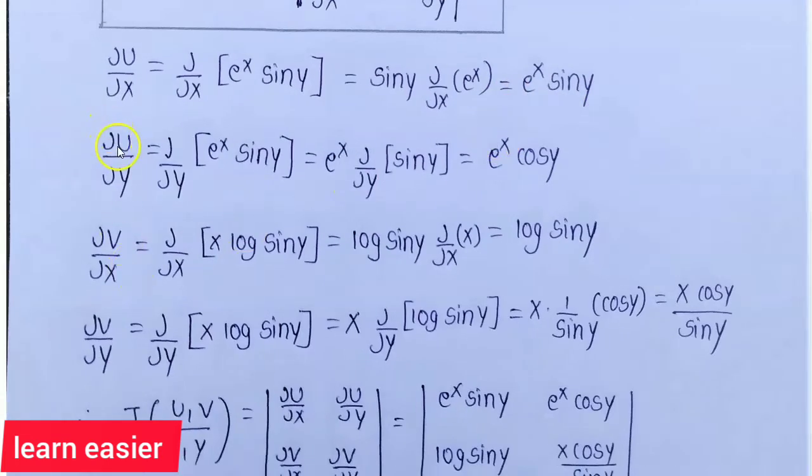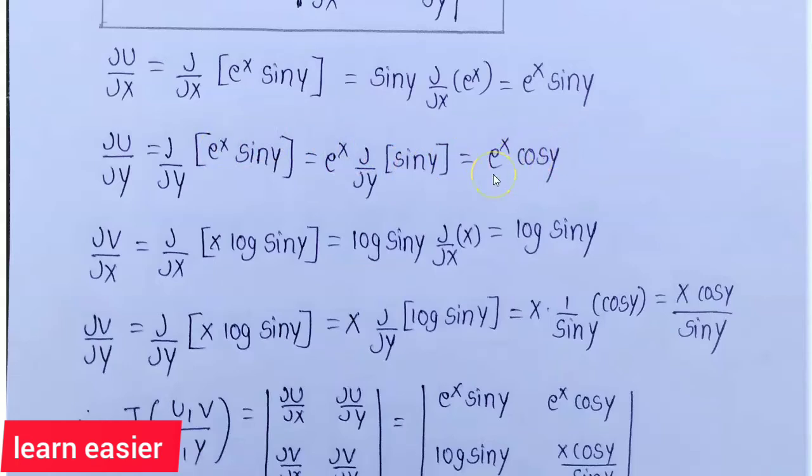Now we have to calculate the partial derivative dou u by dou y, which means derivative of u with respect to y. So we take e power x as constant, so it is written outside, and derivative of sin y is cos y.